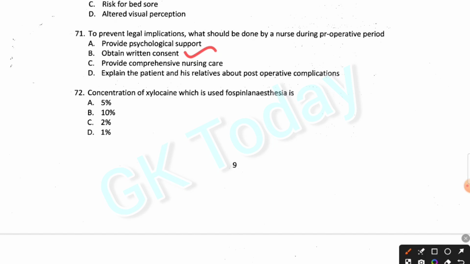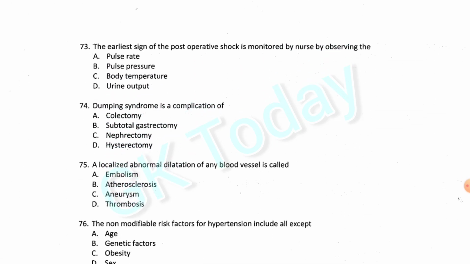Question number 72. Concentration of xylocaine which is used for spinal anesthesia is, correct answer is option A, 5%. Question number 73.